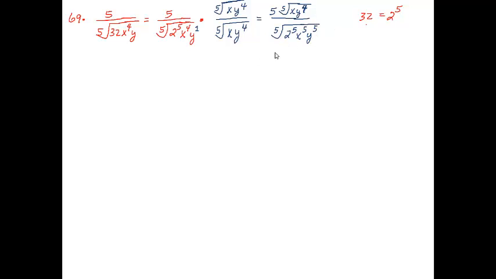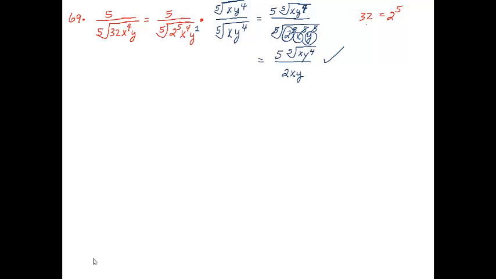Then, because all of these are to the fifth power, the fifth power and the fifth root cancels out, and the 2, the x, and the y comes out of the radical. So I have 2xy, and on the top I still have 5 times the fifth root of xy to the fourth power. And then since our goal was to get the radical out of the denominator, and there is no radical down here, we have completed the problem.